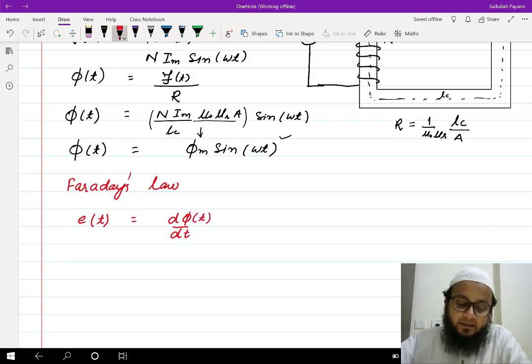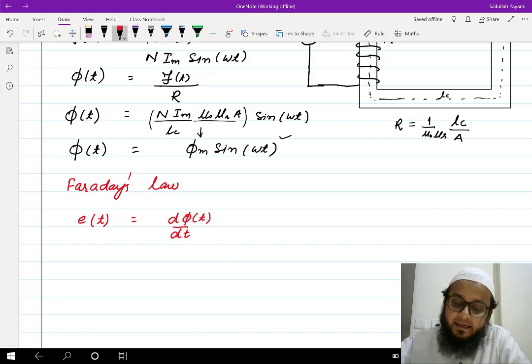So if the flux is a time varying one, if flux varies with time, then there would be an induced EMF.